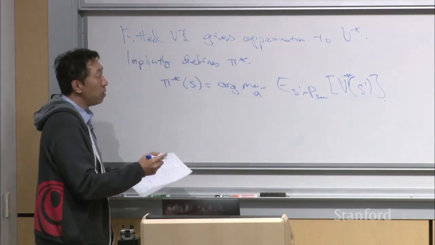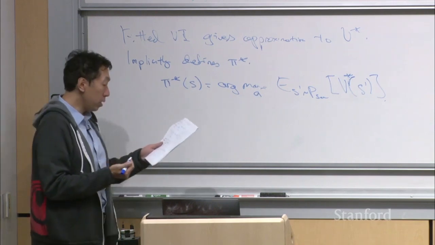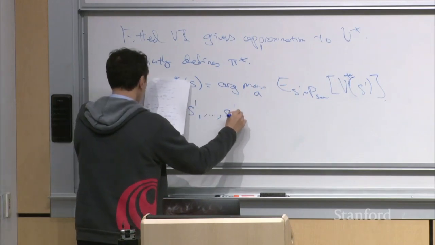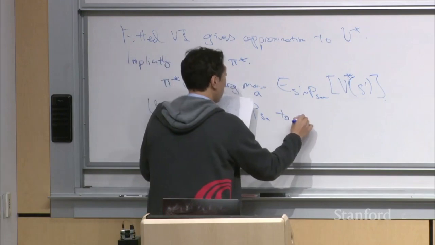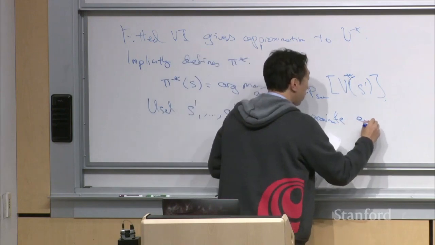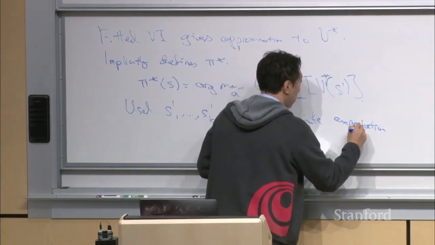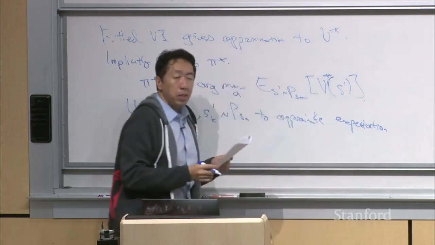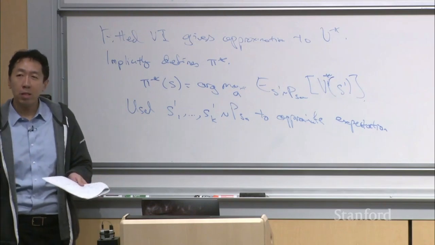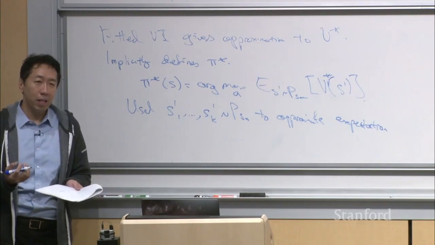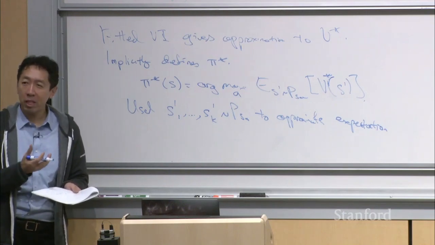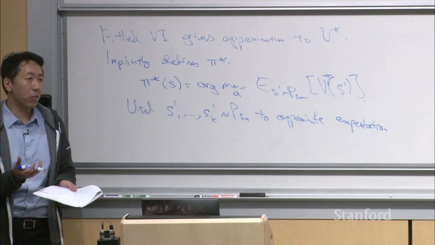In what we used for fitted value iteration, we used a sample of k examples to approximate the expectation. But if you're running this in real time on a helicopter, at least for my robotics implementations, I have been reluctant to use a random number generator in the inner loop of how we control a helicopter.